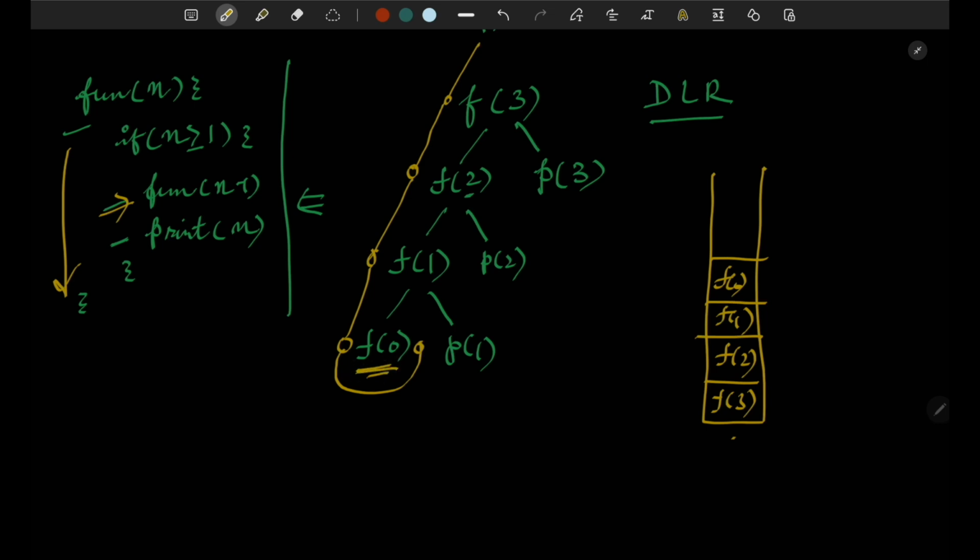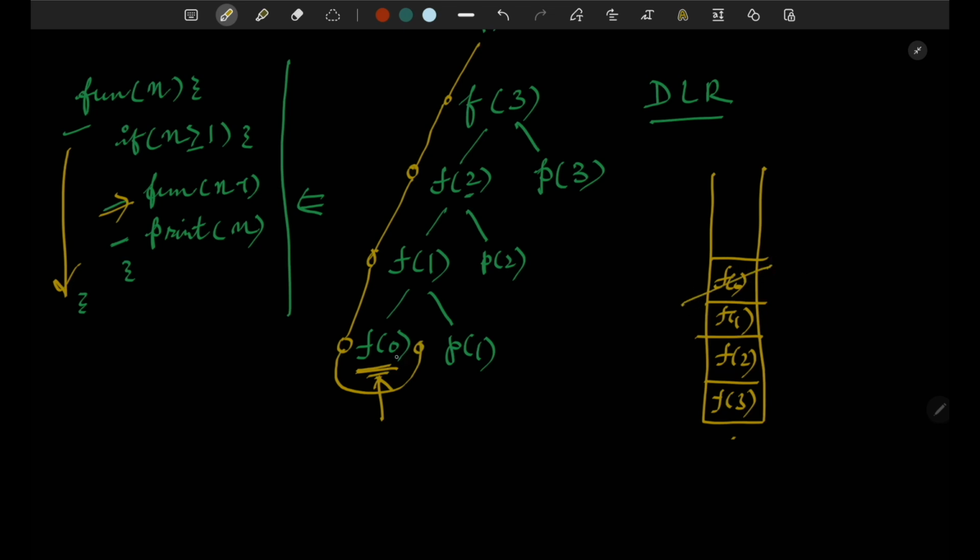It does not matter whether it is used or occurs somewhere else in the recursive tree. In this example, f of 0 is going to be there just once, but in some examples this could be repeated. That is the reason I was saying that this is the last time we are encountering it, and whenever that is the case, we pop that entry from the stack.